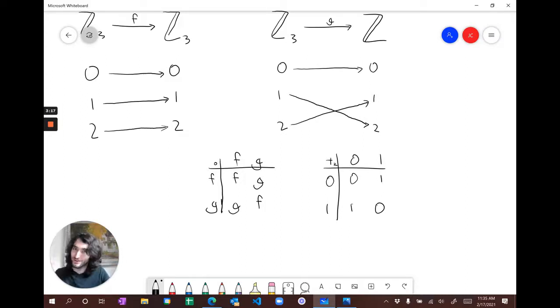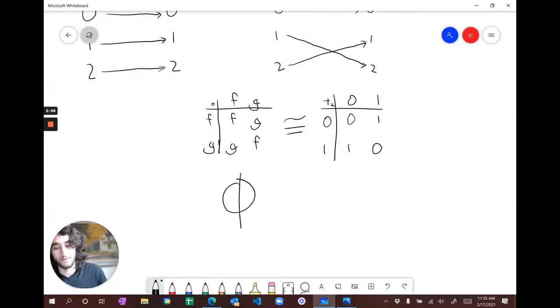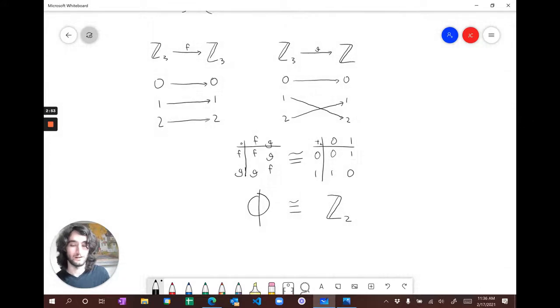It's just a change of names, so that's exactly what it means to be isomorphic. So this is phi, the set of all automorphisms of G, and this is Z2, and we see that they are the same. So there you go: phi for that particular G is isomorphic to Z2.